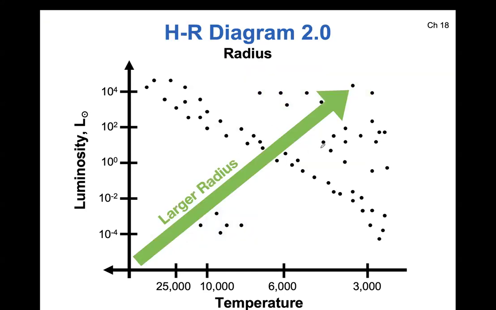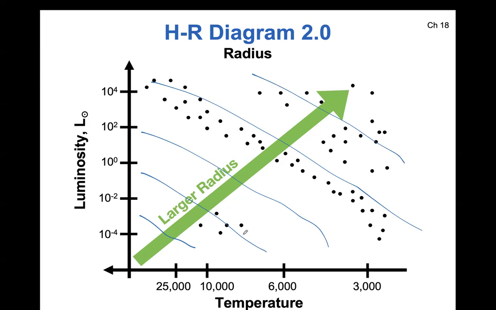And it turns out that the relationship is pretty straightforward: when you look at the HR diagram, radius moves as a diagonal from the lower left-hand corner up towards the right. So in this direction, you have lines that correspond to progressively bigger radii.